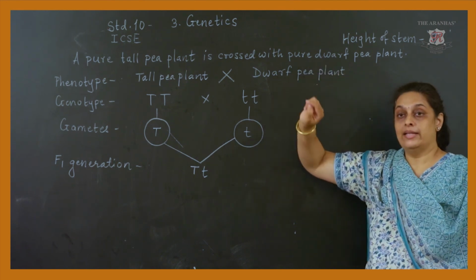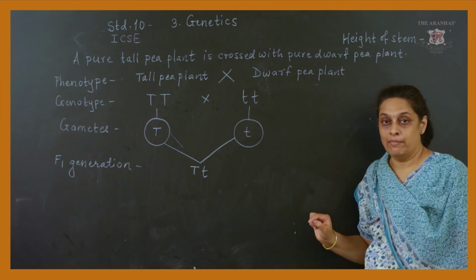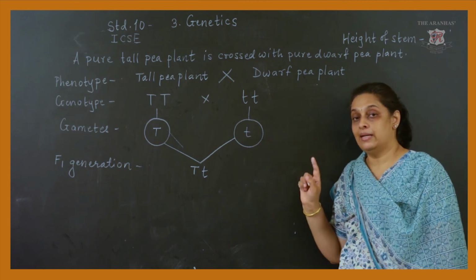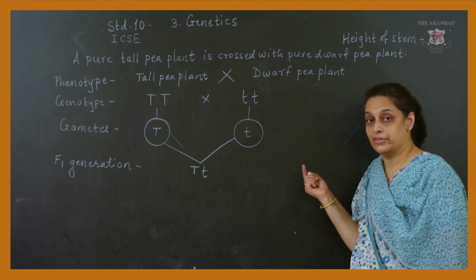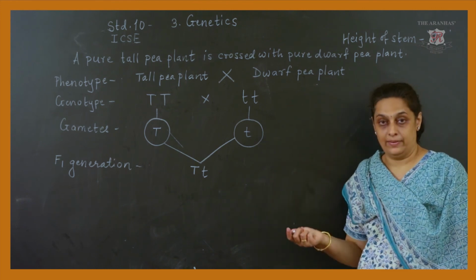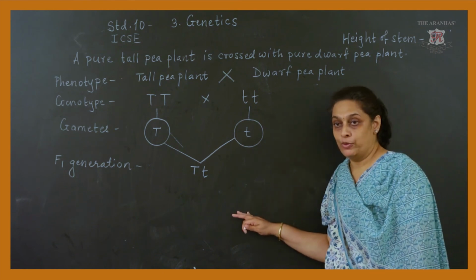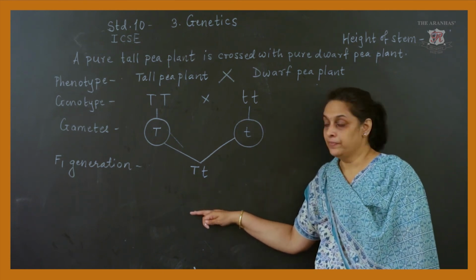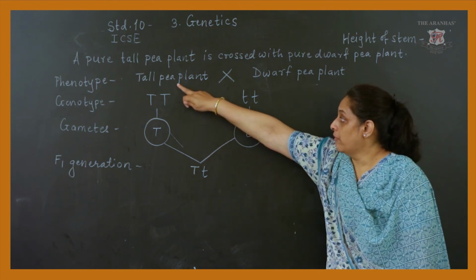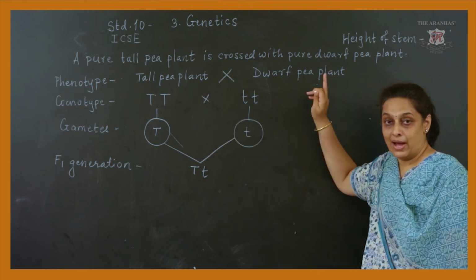I know that there might be a question in your mind that why capital T for tall and why small t for dwarf, why not the other way, okay? But that I am going to explain little later. So, capital T for tall, small t for dwarf.